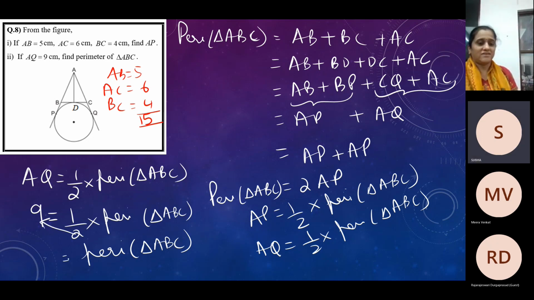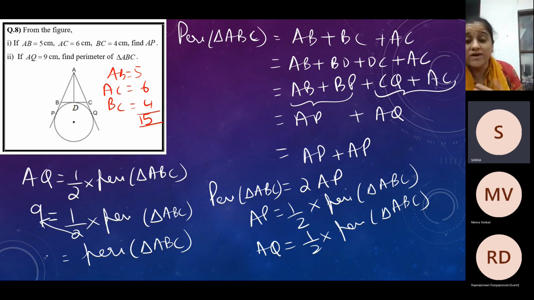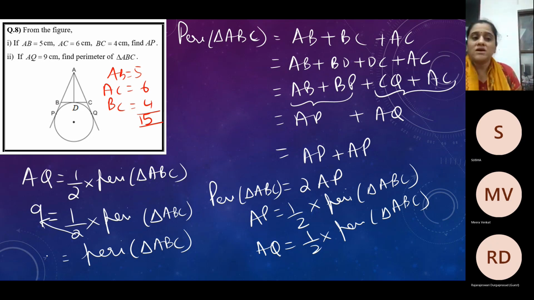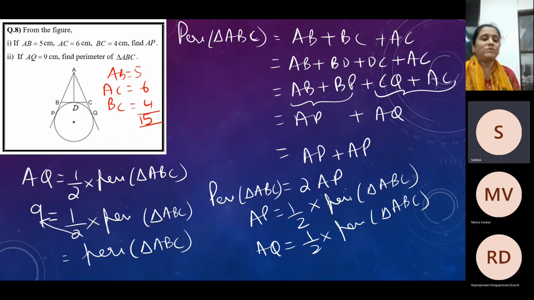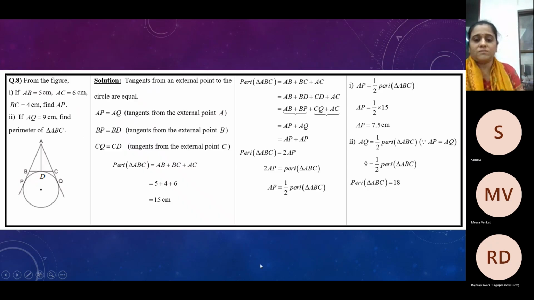Correct. I understand your confusion. This is a different situation. I was not asking the first one. This is the second subdivision. We have to find the perimeter of triangle ABC. AB is 5, AC is 6, all that is not there. So the perimeter of triangle ABC is 18. 9 twos are 18 centimeters. Correct?